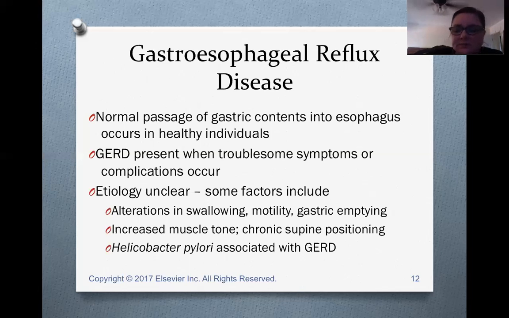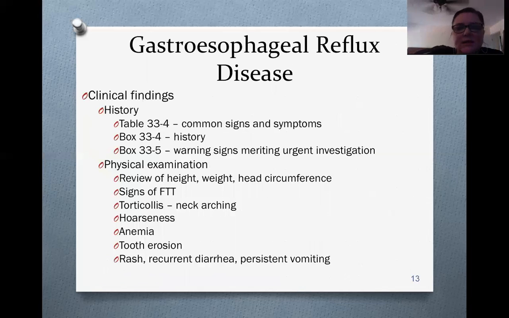So in infants, we want to make sure parents understand that there are happy spitters. If a baby is gaining weight well and just spitting up small amounts after every feeding, that's normal. Your textbook has several good charts on GERD.